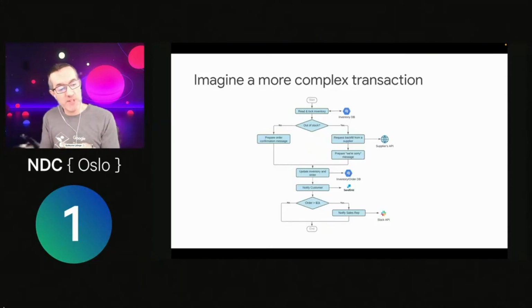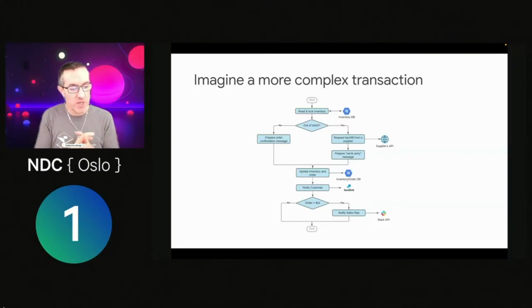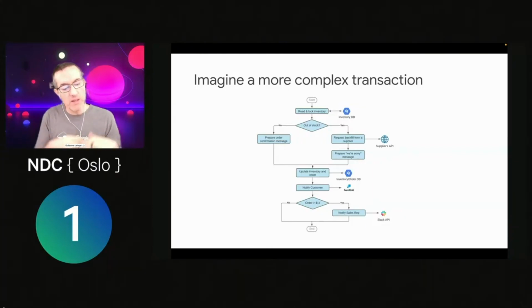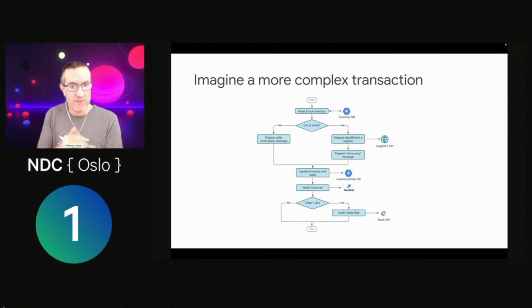If it's out of stock, then you might need to call a supplier API to replenish the stock, prepare some messages, etc. Then in either branch, you also have to update the inventory, prepare the order, notify the customer, depending perhaps on if it's a big order, perhaps you want to involve the sales rep or not. So you might have different branches.